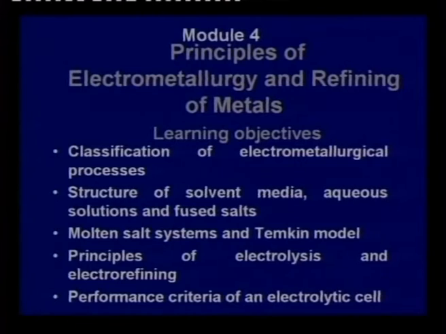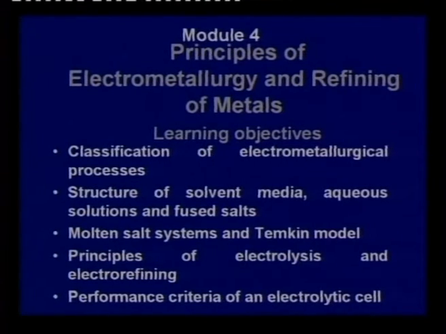So, electrometallurgy in a way is a step towards refining, that is why I have put them together. Secondly, electrometallurgy came much later in the history of metallurgy than pyrometallurgy and hydrometallurgy, because it had to depend on the invention of electricity. Otherwise, you would not have electrometallurgical processes.